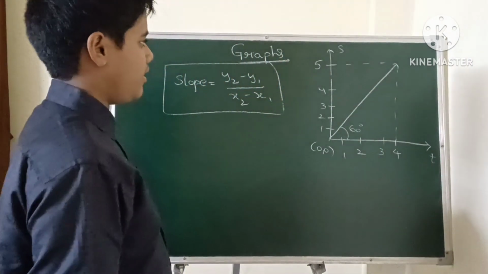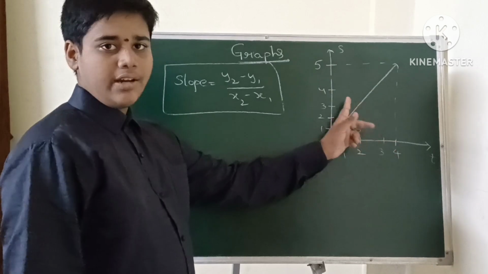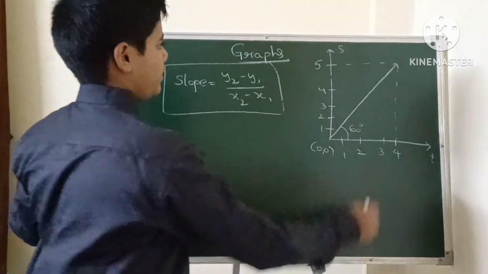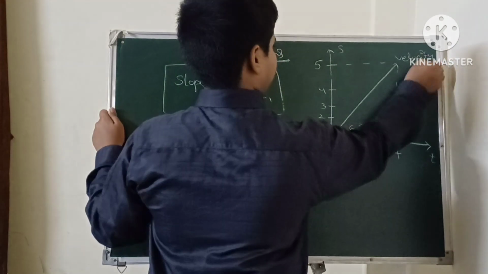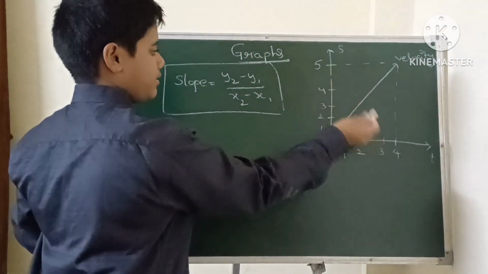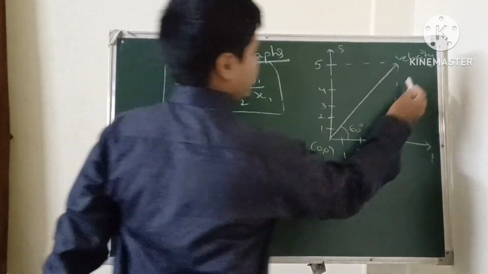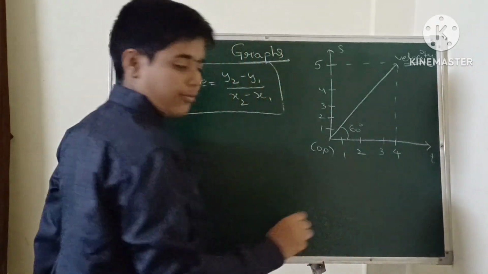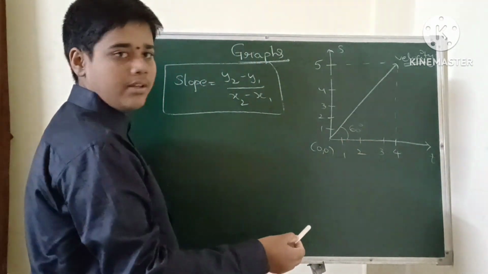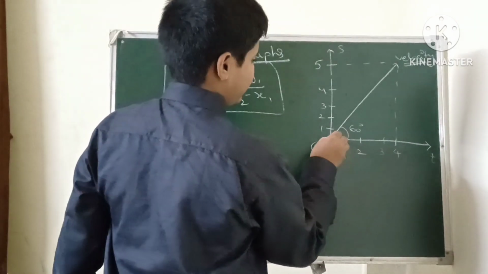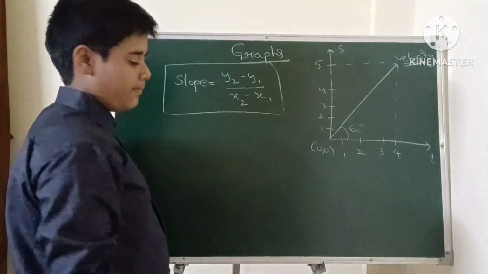So here they give the ST graph. I have to find the slope. Here slope means velocity. The slope of this graph means the velocity we have to find. In the given ST graph, the slope of this ST graph is velocity.